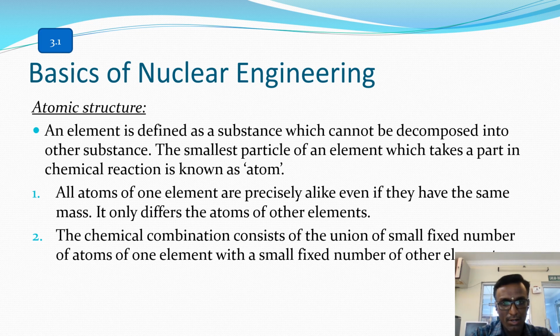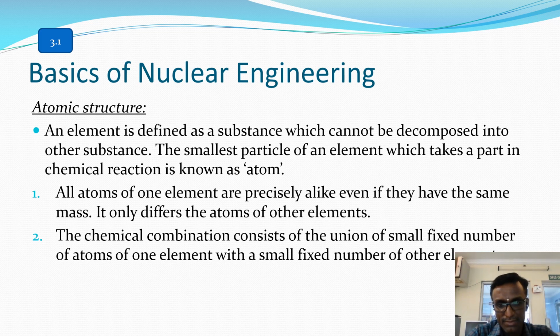And coming on to the basics of nuclear engineering, what you have to know from the basic atomic structure is that an element is defined as a substance which cannot be decomposed into other substances.